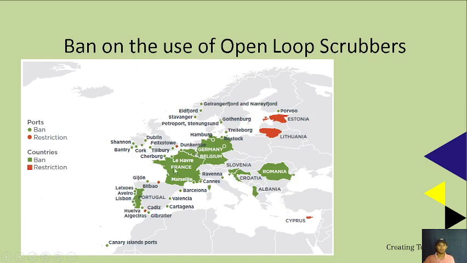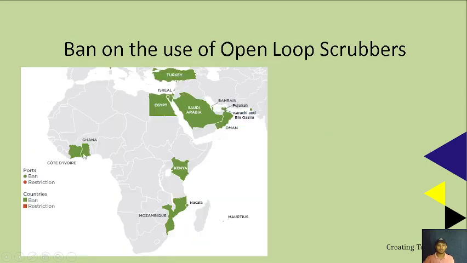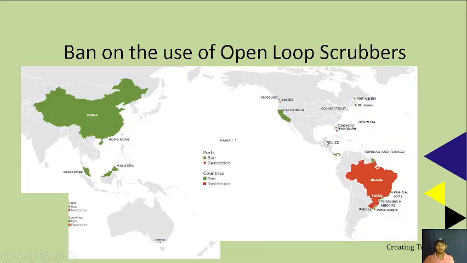The other ones are France, Belgium, Germany, Romania, Portugal, Estonia, Ghana, Saudi Arabia, Egypt, Turkey, Kenya, and Mozambique. Use of open loop scrubbers is restricted in China, Hong Kong, Singapore, Malaysia, and California, and there is a restriction in Brazil.